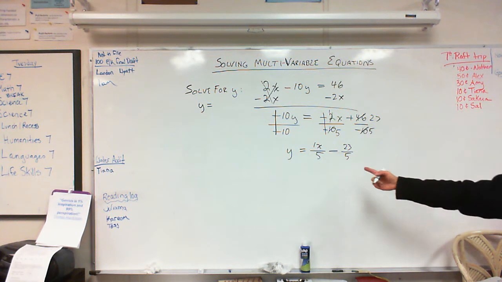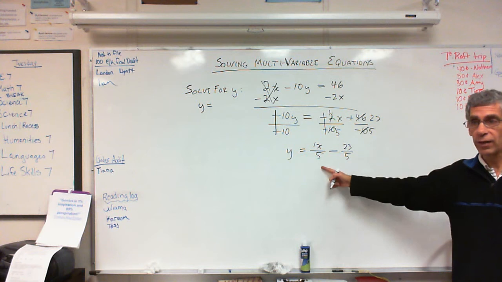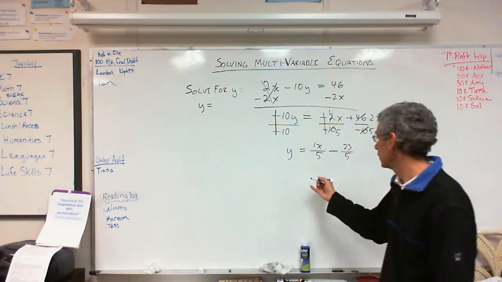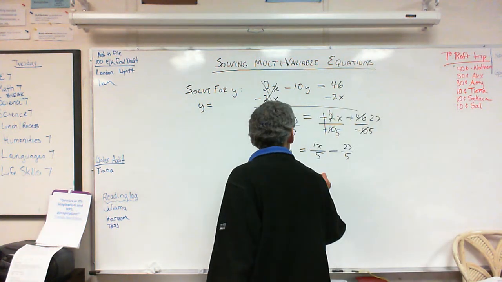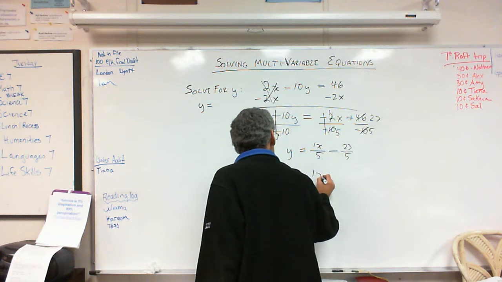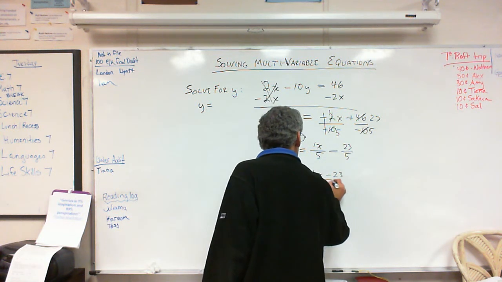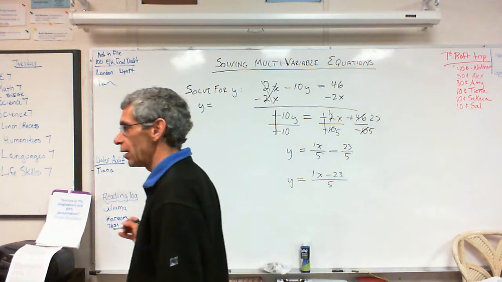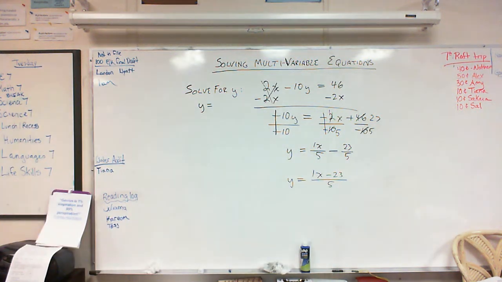But another way, I notice since they both have the same denominator, I could do this. I could say y is equal to 1x minus 23 all over 5. I think that's what I would probably be inclined to do. But Kareem's idea is totally fine too.